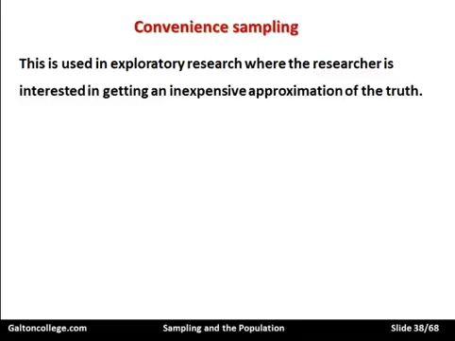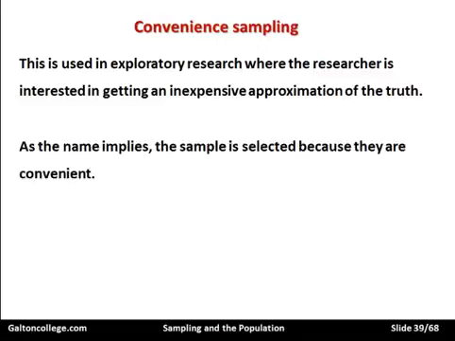Convenience is the researcher just trying to figure out what's going on, trying to figure out the characteristics of the population and just taking what is convenient. There is no real effort involved in this. It's what's available and looking at what's available and trying to work out some characteristic of the population from what is easily available. It's convenience.